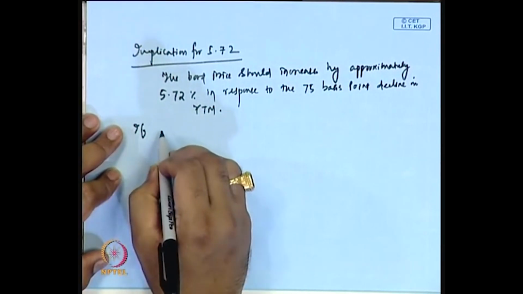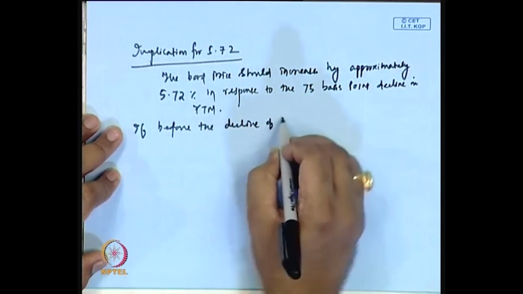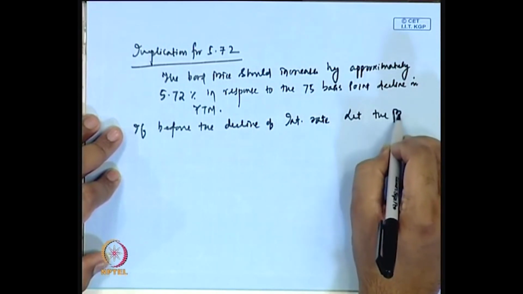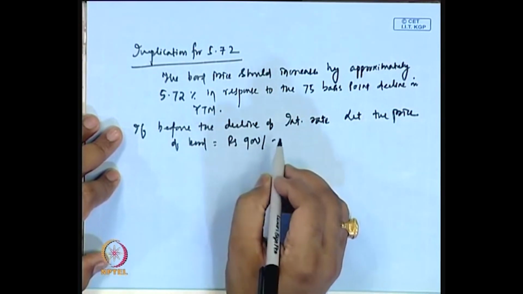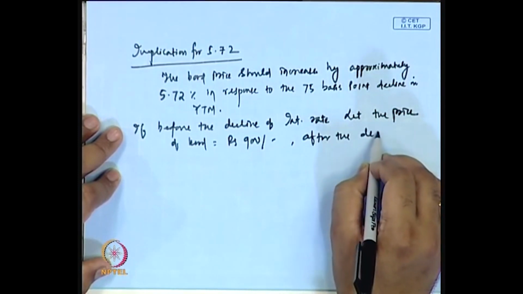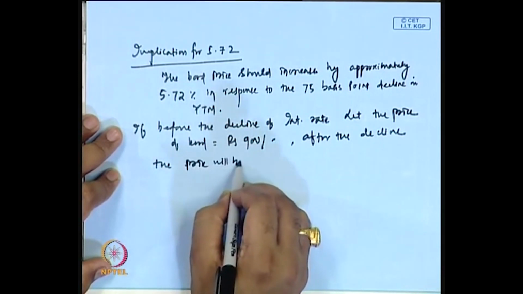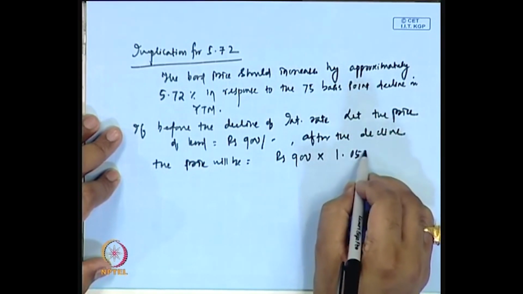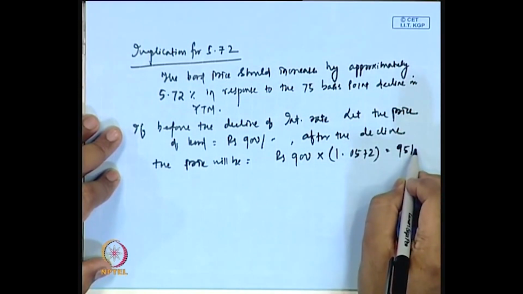If, before the decline of interest rate, the price of the bond is 900 rupees, then after the decline the price will be 900 multiplied by 1.0572, which gives you 991.48.